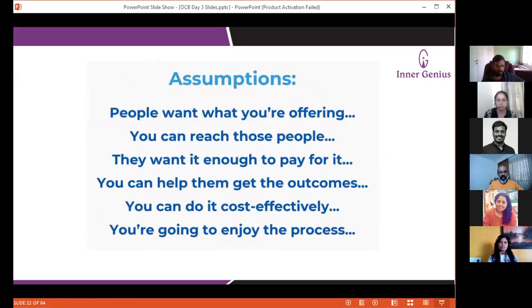Whenever we are talking about this, as we covered, we come up with our own assumptions. We assume that people want what you are offering, and you can reach those people. They want it enough to pay for it. You can help them get the outcomes, you can do it cost effectively, and you are going to enjoy the process. We begin with these assumptions.